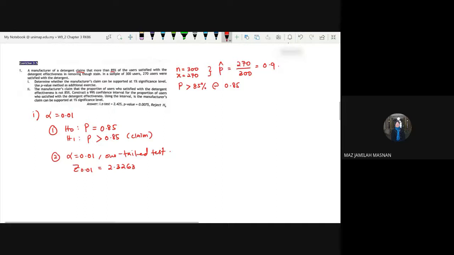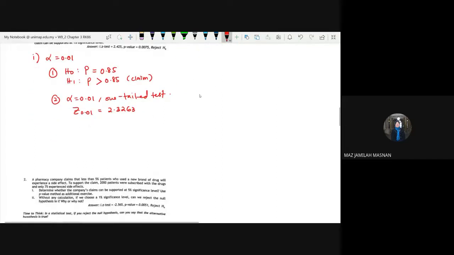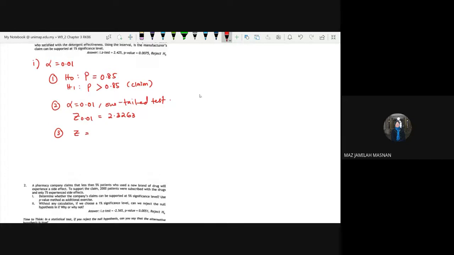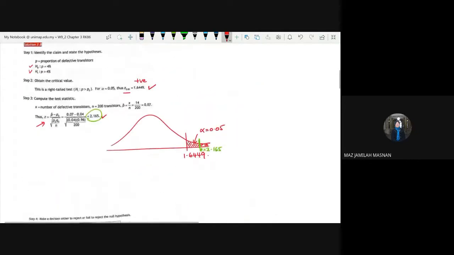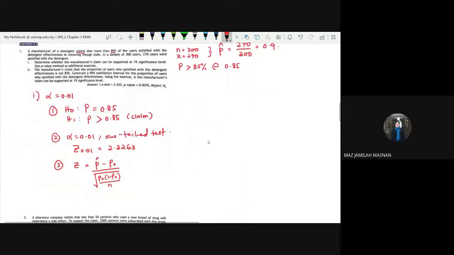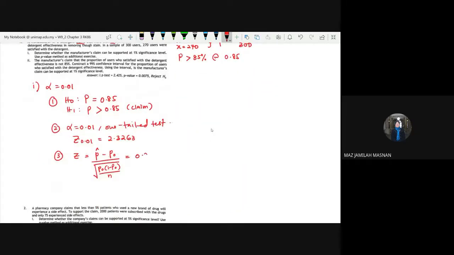So next, find your test statistic. Third, the test statistic, your Z will be P hat, that is 0.9, minus P naught divided by the square root of P naught times 1 minus P naught divided by N. Then put everything in: P hat is 0.9 minus P naught is 0.85, divided by the square root of 0.85 multiplied by 0.15 divided by 300.